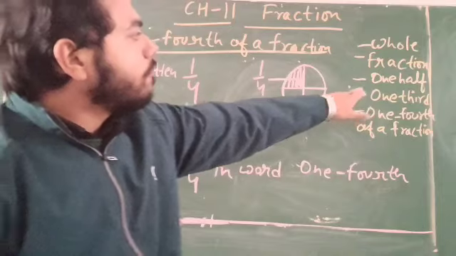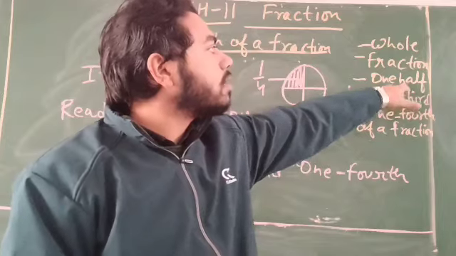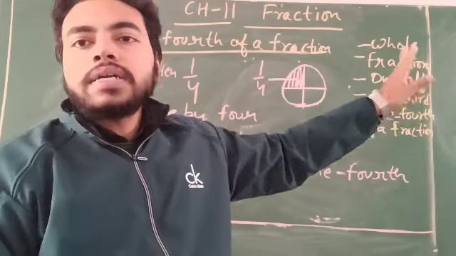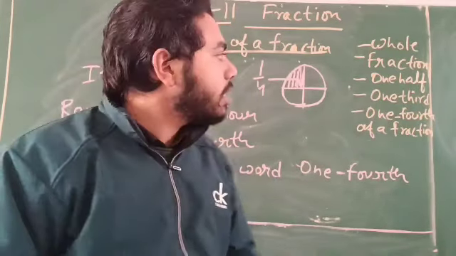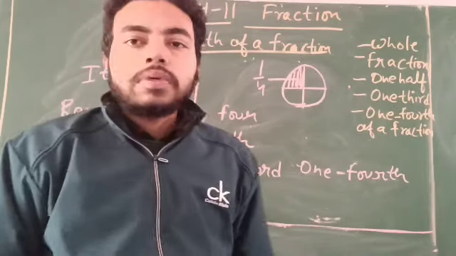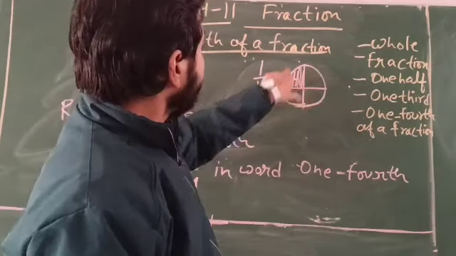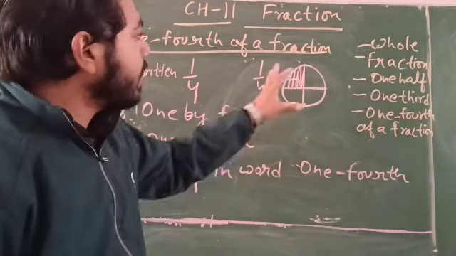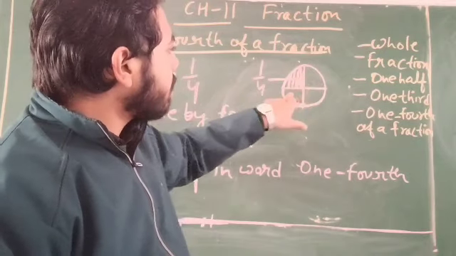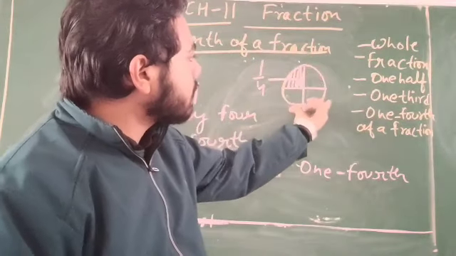In a previous topic, we have learned that 2 halves make a whole. In the case of 1/3, 3 one-thirds make a whole. Now 1/4. Suppose in that circle, if we add the 4 parts, the first part, second part, third part, fourth part, if we add all these 4 parts, we get our original circle.